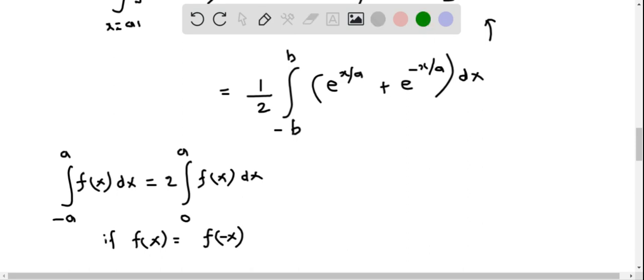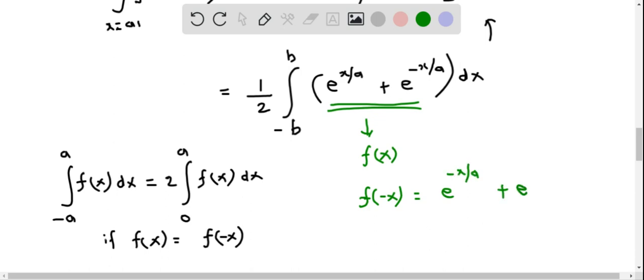So considering this as f of x, let's verify if this is an even function. If this is f of x, we'll find f of negative x. For that we have to replace x by negative x. So the first term will become e raised to the power of negative x by a, plus the second term will become e raised to the power of negative x, which is positive x, so this becomes e raised to the power of x by a.